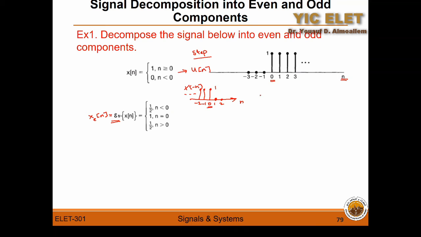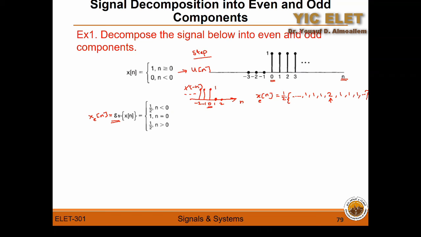So the even part of the sequence x of n will be equal to half, then this sequence will be 1, 1, 1, all the way till we get to the 0 point, then it will come back again 1, 1, 1, all the way till infinity.